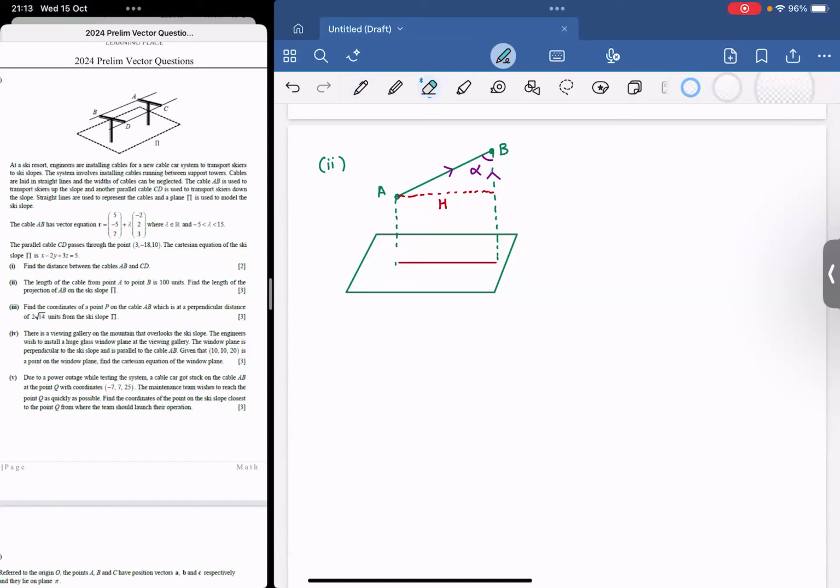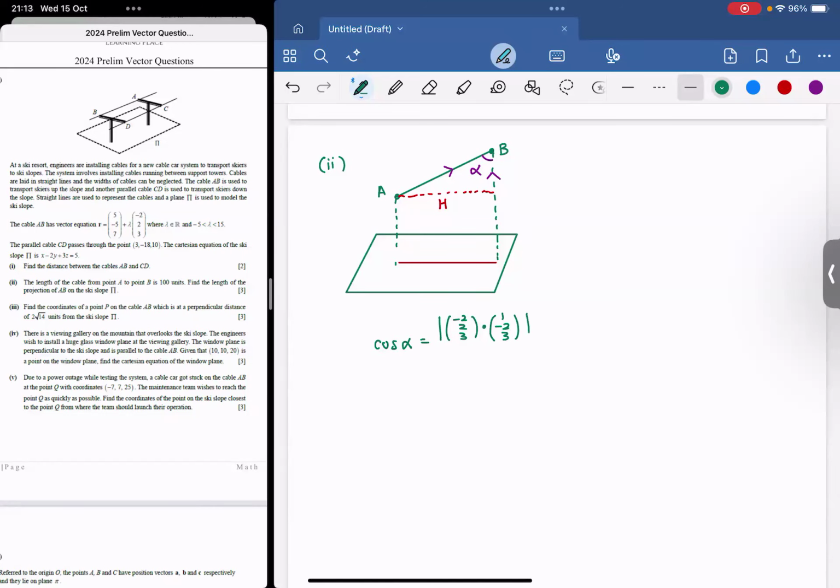We just use the angle between two lines, which is cosine alpha equals the direction vector of AB, which is (-2, 2, 3), dot the normal vector (1, -2, 3).